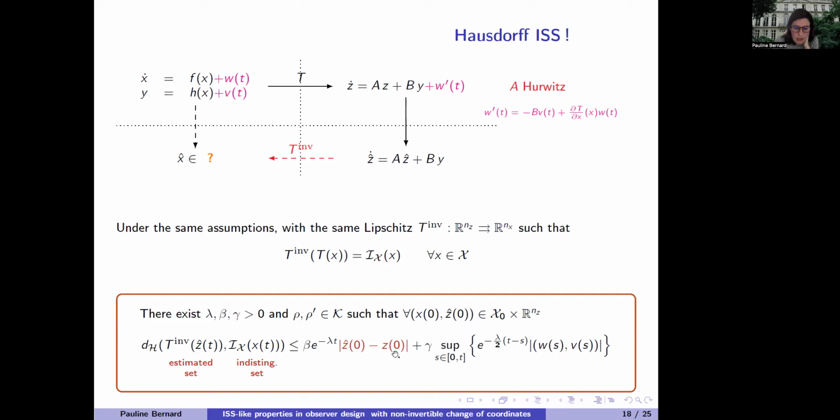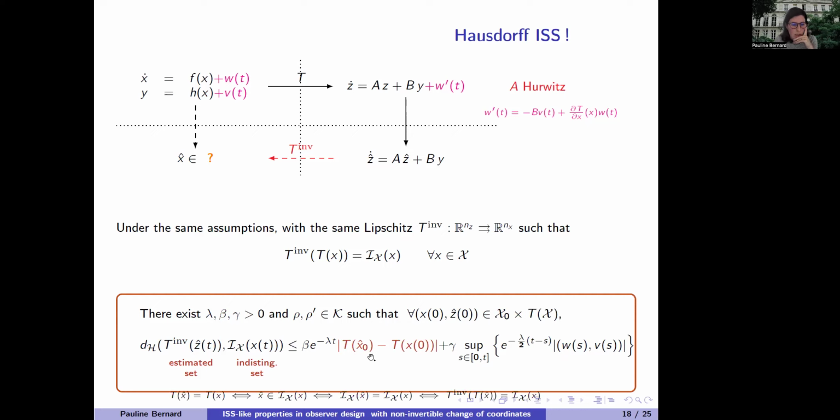But here you have z hat minus z, so doing exactly the same kind of reasoning that we did before for the standard single value case, you can show that you can come back to a difference between T of x hat minus T of x, and this is because you force your z hat here to be initialized in the image set of x, and this you can relate to exactly that.